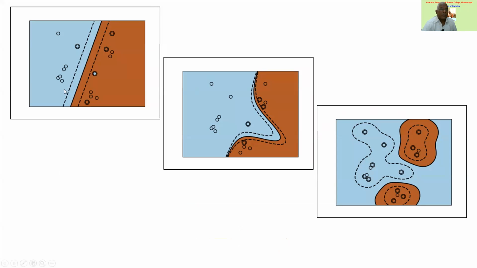Here, there are points of one kind, and here there are points of another kind. So this data is quite linearly separable. In this case, we require the least kernel approach because your data is quite linearly separable.